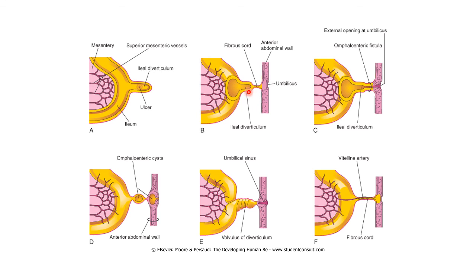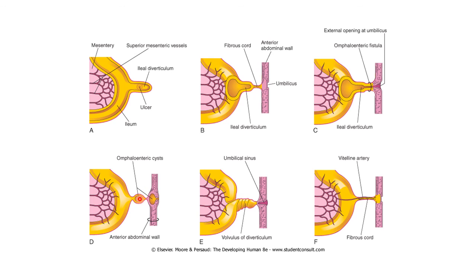And here you have seen this ileal diverticulum, which is patent distally, but its more distal portion remains fibrosed. And here you have seen, if it remains patent, then this is the vitelline fistula or the omphaloenteric fistula, and in this case the fecal discharge has been shown at the umbilicus.